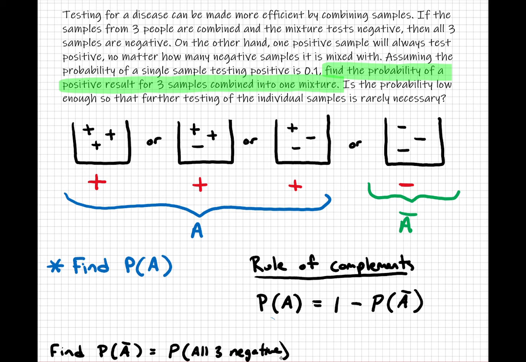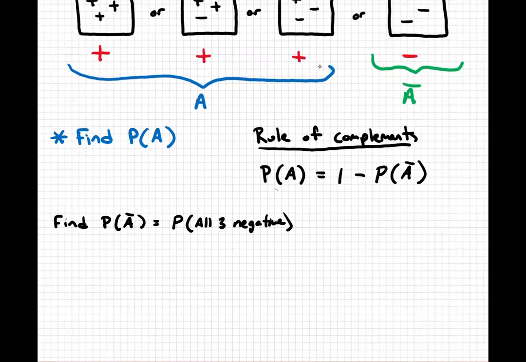Well, going back to the problem, and let me use a different color highlighter here. The probability of a single sample testing positive is 0.1. Okay, so let me scroll down for a little more room.